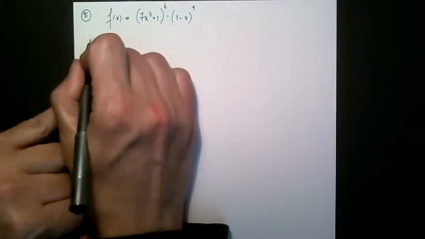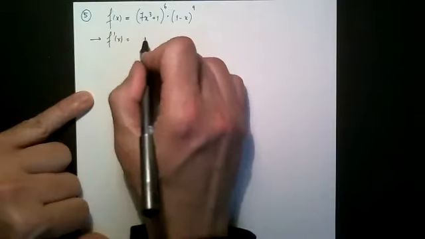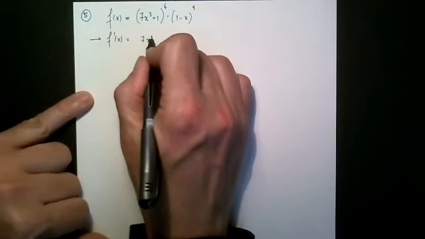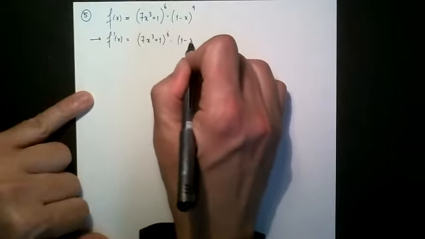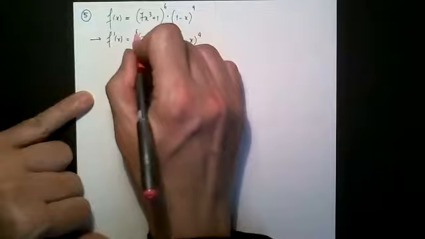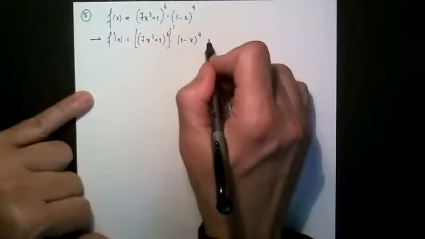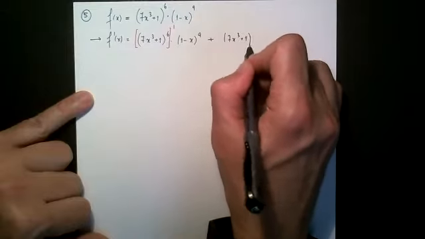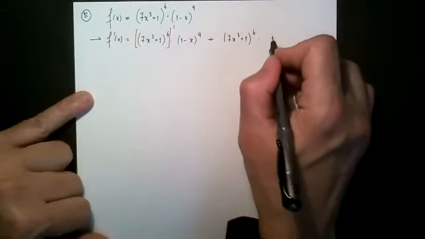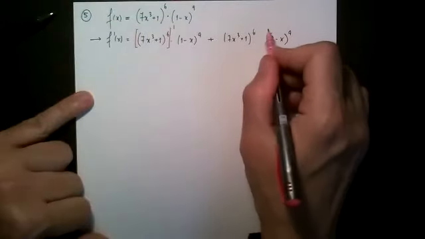So there's a product rule here. So f prime of x is equal to (7x^3 + 1) to the power 6 times (1 minus x) to the power 9. So this is u prime, plus (7x^3 + 1) to the power 6 times the derivative of (1 minus x) to the power 9.